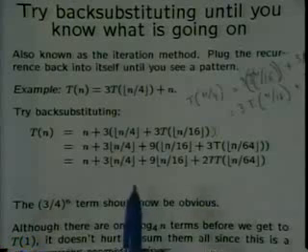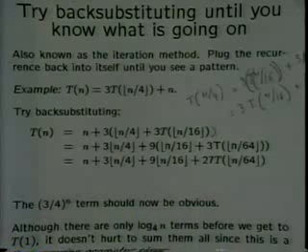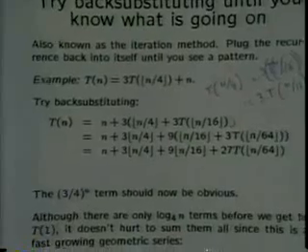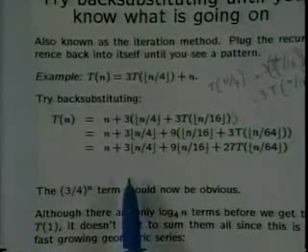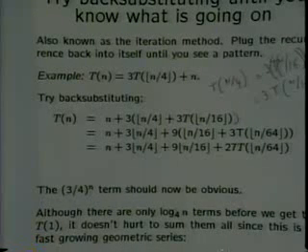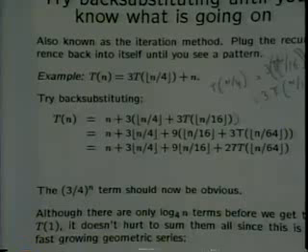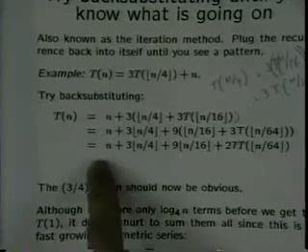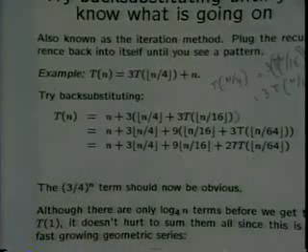The things below are powers of 4: 4, 16, 64. The answer is going to be the result of summing up these 3 to the i over 4 to the i terms. That's what you learn by back substituting. You keep sticking things in until you notice a pattern or you're tired of doing it. I usually give it at least 3 or 4 levels before I abandon hope. But in this case, it should now be obvious what the answer is going to be.